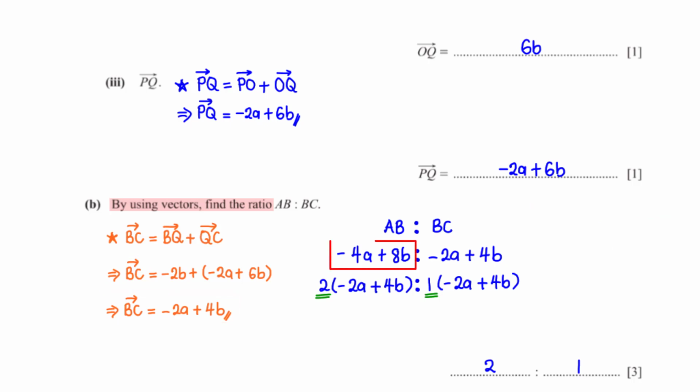We found AB in part (a)(i) as negative 4a plus 8b, and we've just found BC to be negative 2a plus 4b. When we factor out 2 from negative 4a plus 8b, we are left with negative 2a plus 4b. When we compare this with BC, we get the ratio 2 is to 1.